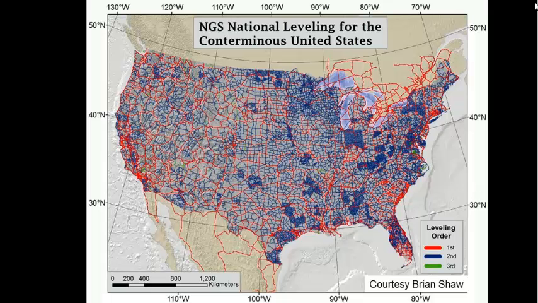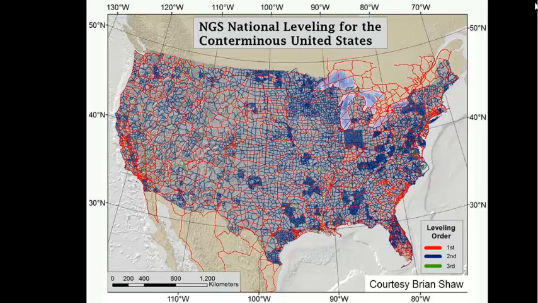This is a map of all of the differential leveling that is currently in our database. The overwhelming majority of it was there prior to the realization of NAVD88. You can see first order leveling in red and second order leveling in blue.